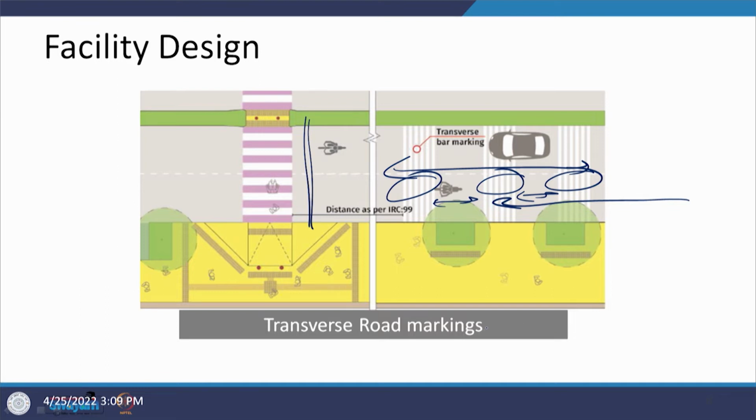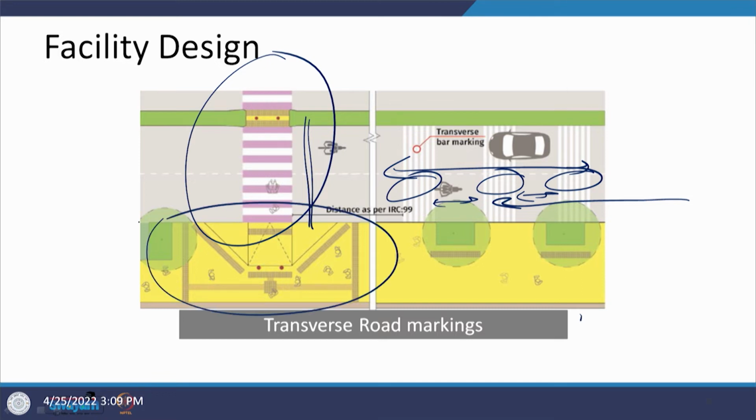So, they want the drivers to reduce speed, look around, and then cross the crossing facility which is being provided. Rest of the features, depending on whether you are going to provide an at-grade system or a raised crosswalk, the design is going to be there.